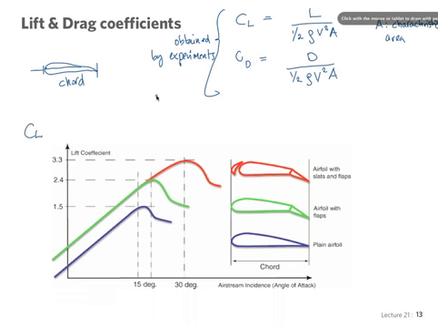So let me try to draw a, not a little bit shaky, but nevertheless. So this is the angle of attack, where most usually we use the Greek letter alpha for the angle of attack.